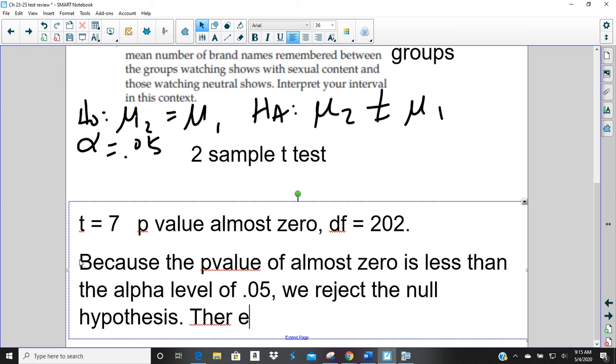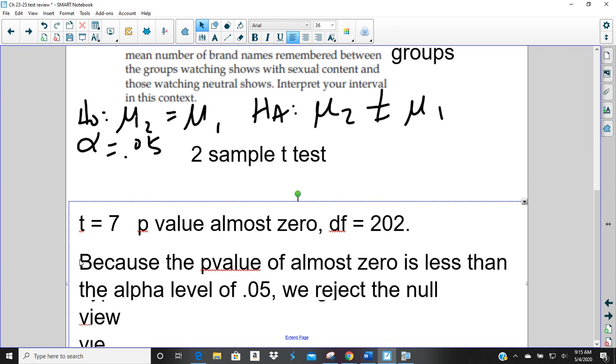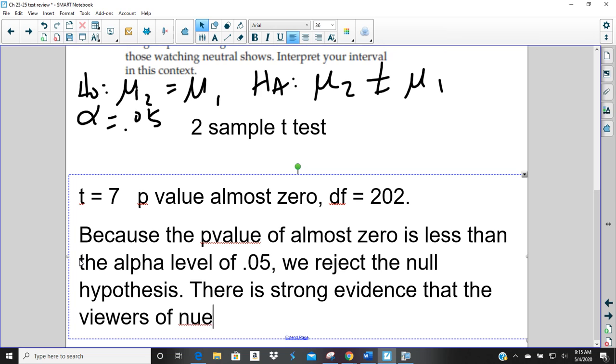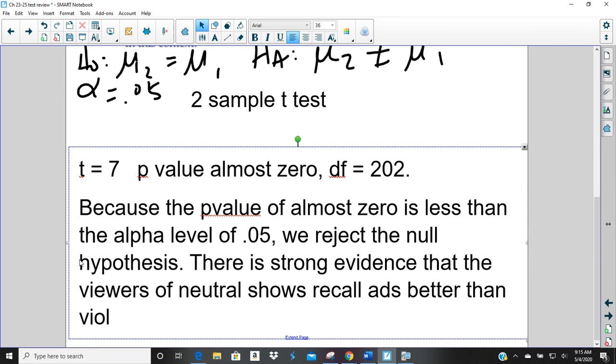There is strong evidence that the viewers of neutral shows recall ads better than violent shows.